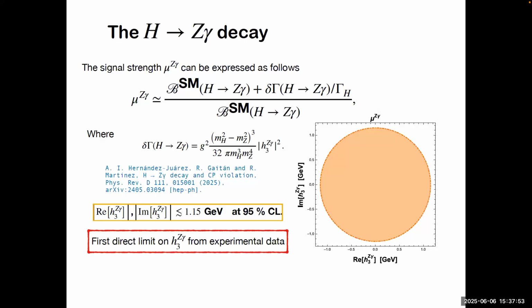In the standard model, we have CP violation through the CKM matrix, but it is not enough to explain the asymmetry between matter and antimatter in the universe. So we require new sources of CP violation. What we are proposing here is that a new source of CP violation can be induced in this vertex.